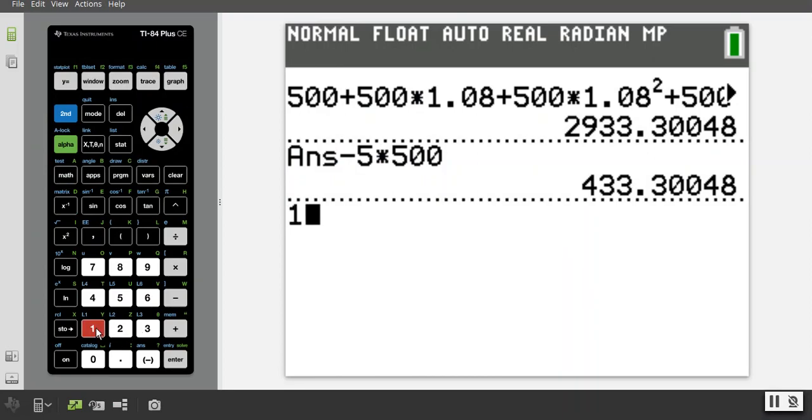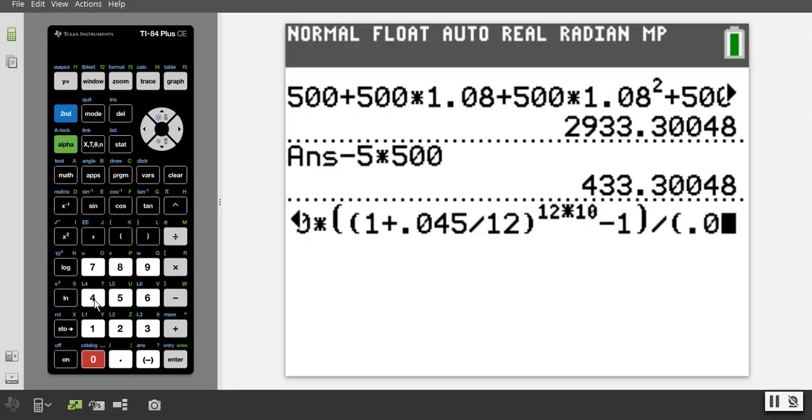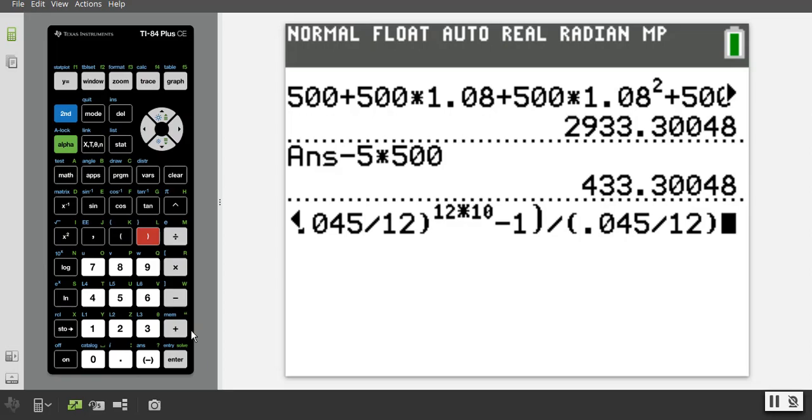If we go ahead and do this, how about we put 0.045 divided by 12, and then we raise it to the 12 times 10, and then we subtract 1, close it, divide by parentheses 0.045 divided by 12. Okay.